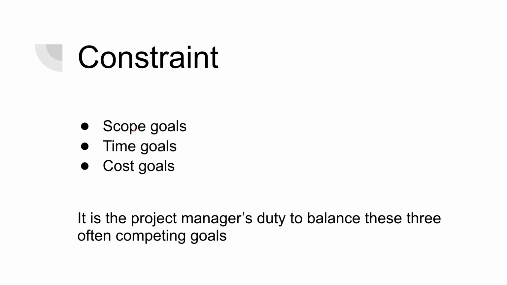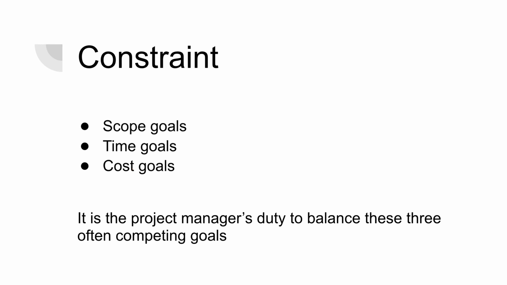In this scenario, the scope changed. Since the scope has changed, the time should change. In that scenario, what will happen? The cost will also go up, because we are putting in an extra 30 minutes, and somebody has to pay for that. Nobody is going to work for 30 minutes for free.